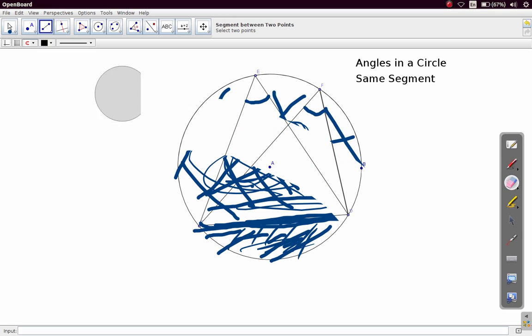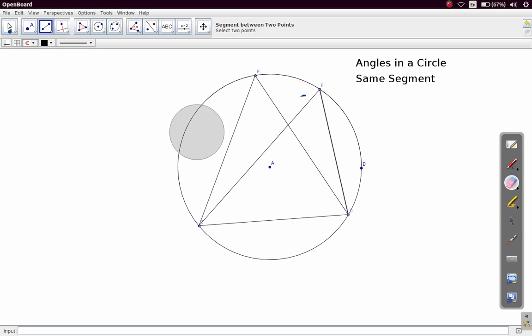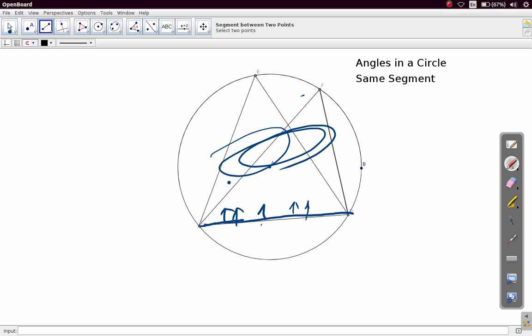So let me just erase what I have. This is my chord with both angles lying on the chord. Up here you have one segment, everything that is above it, and then below here you have another segment right in this area.